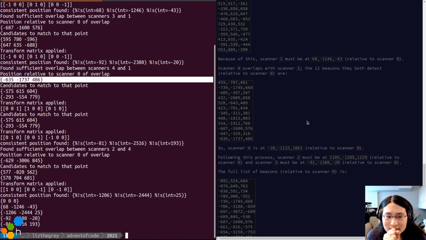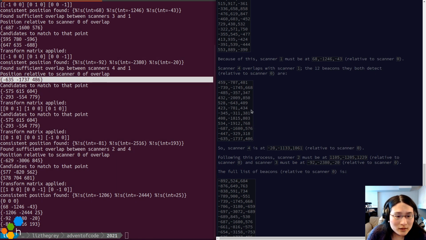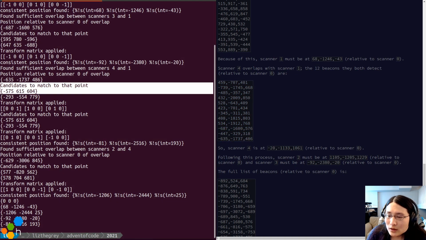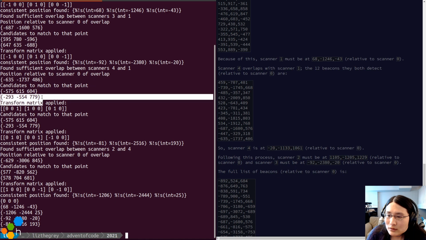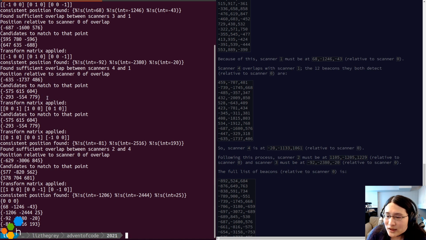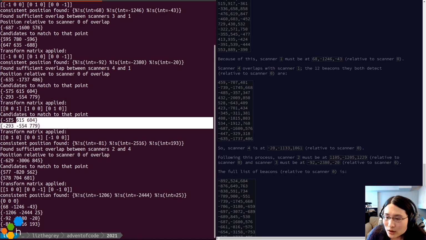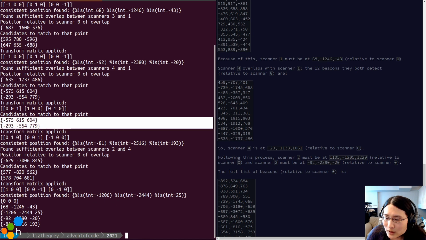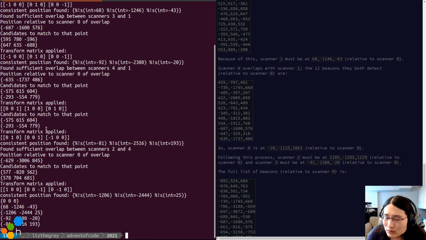So for instance, this one, negative 635, negative 1737, 486, that's correct. So by applying the transform matrix to one of these 2 points, I should be able to get what I want, right?